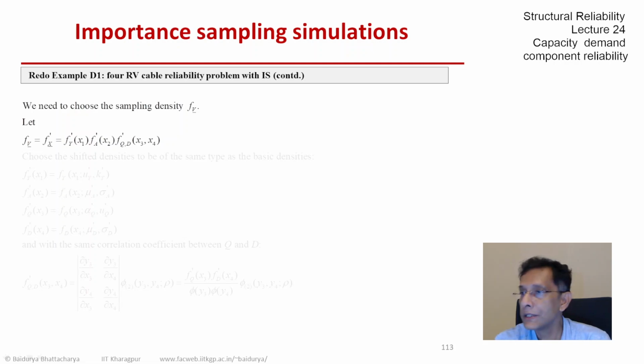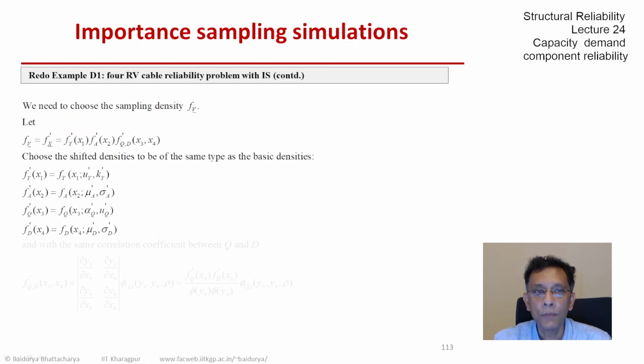I hope you can see the prime in the superscript. They are not specks of dust on your screen, but they are supposed to be primes. And f prime QD for the dependent random variables.